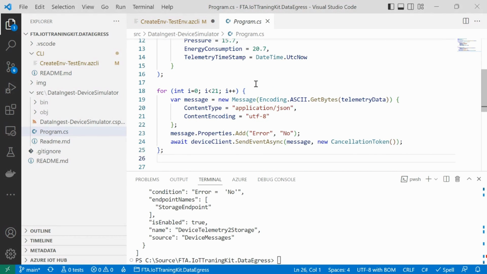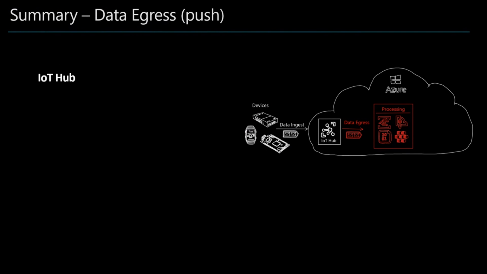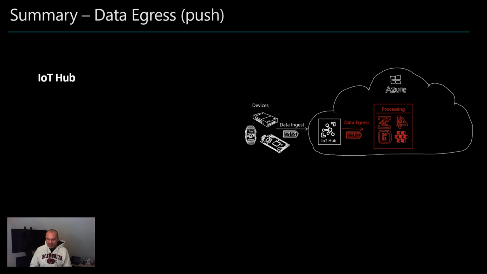And by saying that, let me go back to the PowerPoint deck and let me summarize what we have seen so far. Really, what we talked about is all about data egress and pushing data from IoT Hub to other Azure services. We have seen how endpoints can be created to link to a specific Azure service.